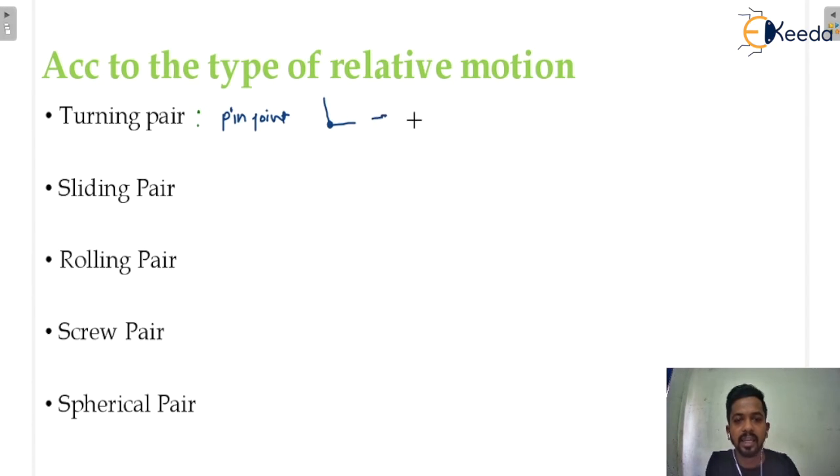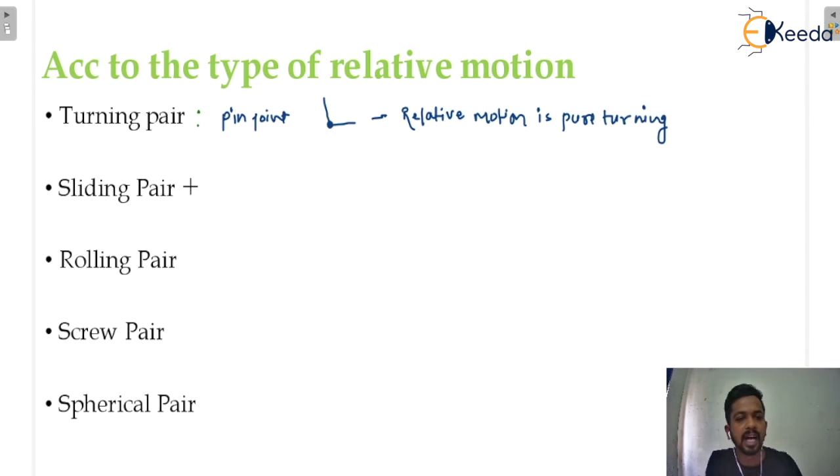So we can say the relative motion is pure turning. We can write here that relative motion is pure turning, because when there is a turning pair there will not be any other movement, only pure turning takes place. It can also be known as turning pair.